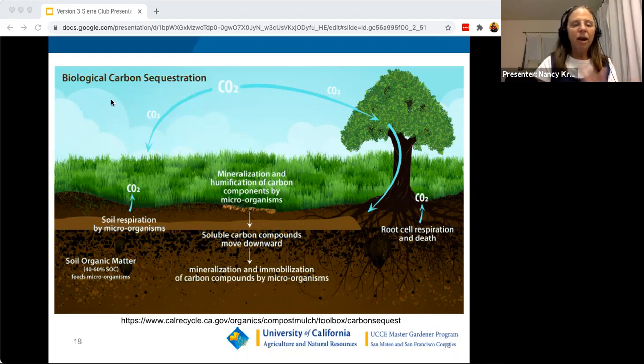This again reminds us how carbon cycles, and remember that organisms breathe out carbon dioxide and plants can use this during photosynthesis. As animals and plants die, the elements in their bodies are immobilized and mineralized by soil microbes.